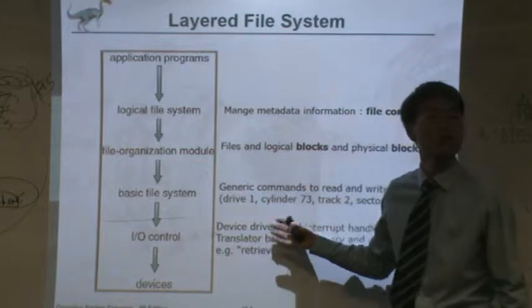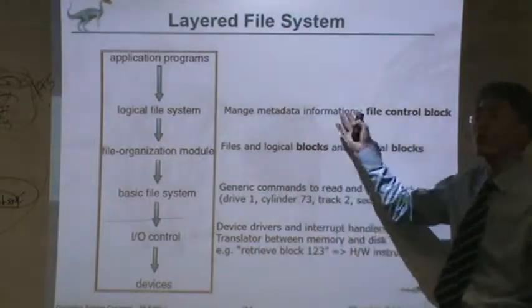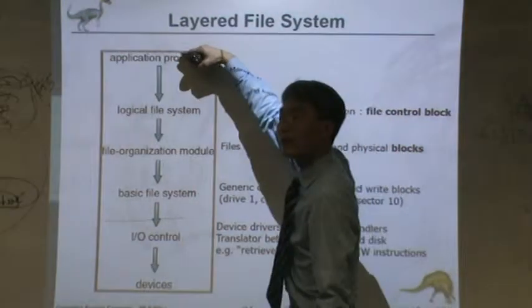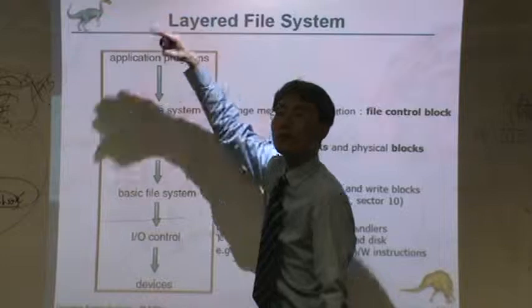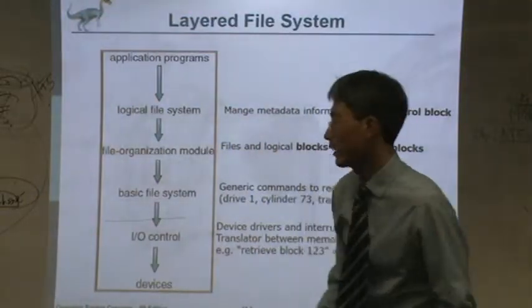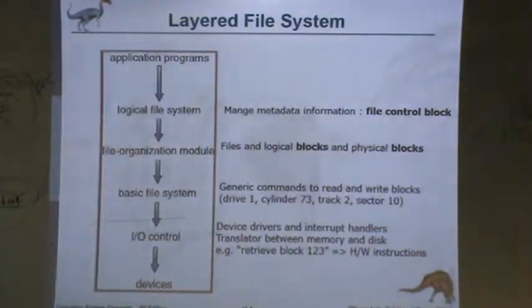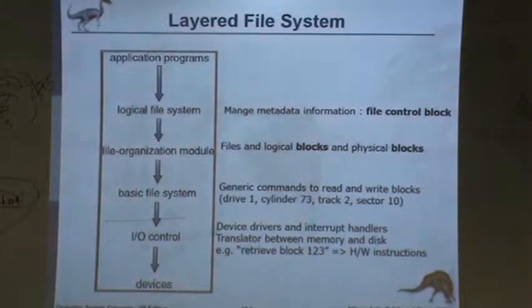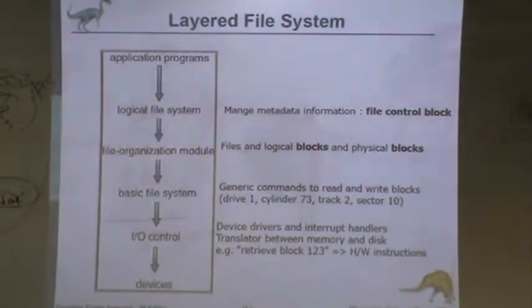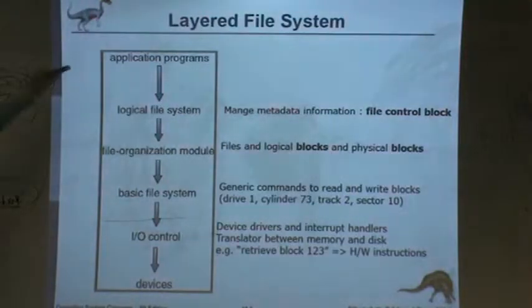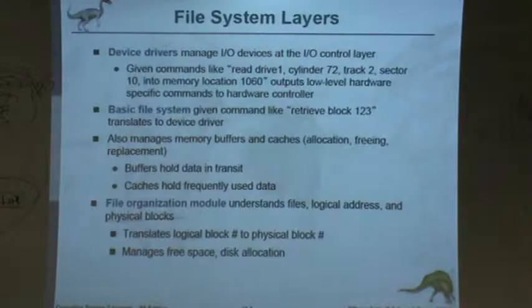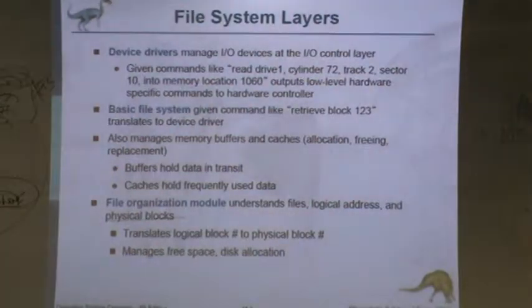Using the layered approach, at the highest layer, using the application program and an existing file system, you can develop another file system. Because of that, some file systems focus on the low level, and other file systems focus on the application level.